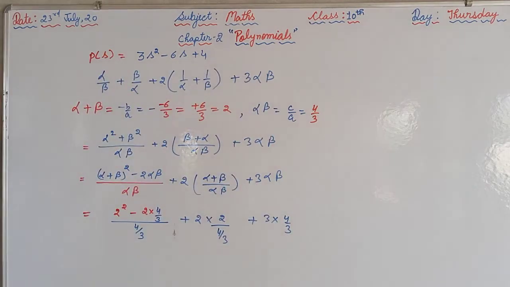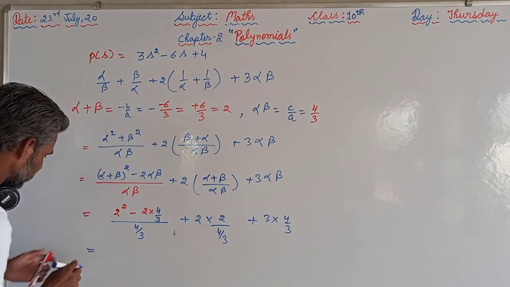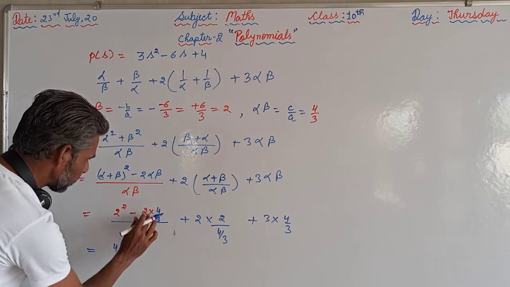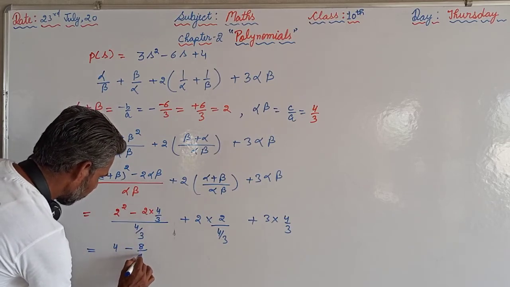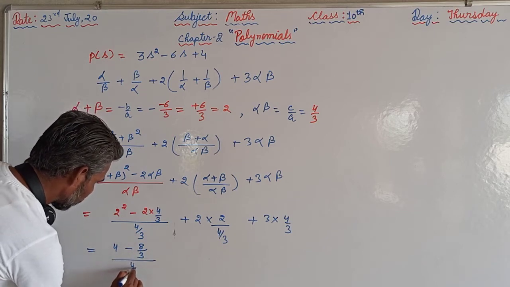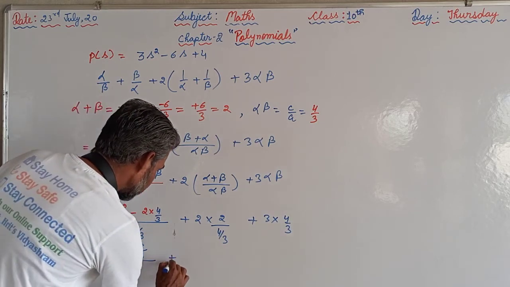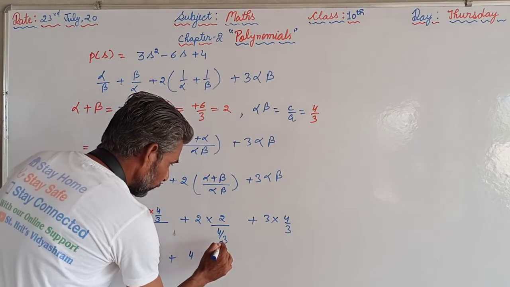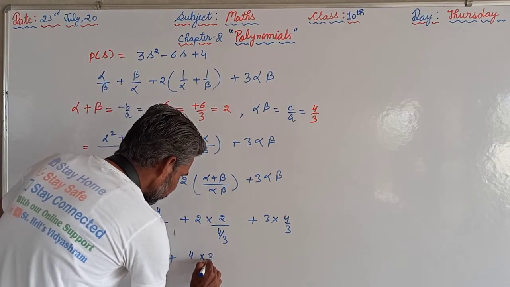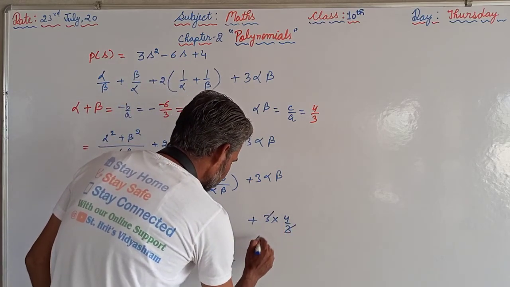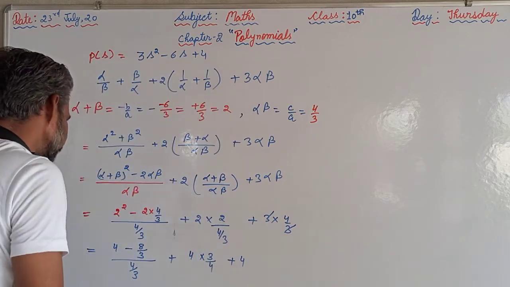Now we will try to solve that. 2 square is 4, minus 2 times 4 upon 3 is 8 upon 3, whole upon 4 upon 3, plus 2 divided by 4 upon 3 is multiplied by 3 upon 4, plus 3, and 3 cancels out 3, leaving the 4.